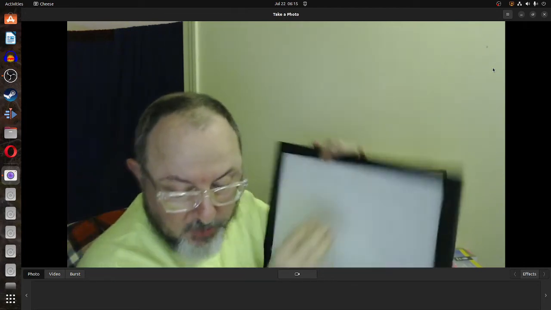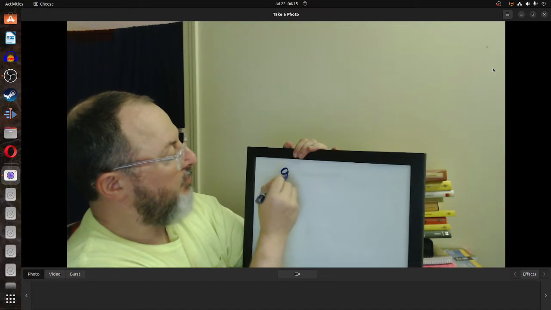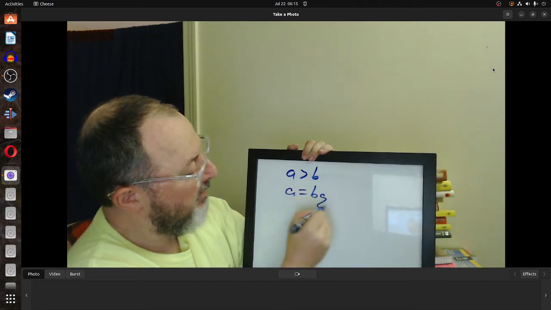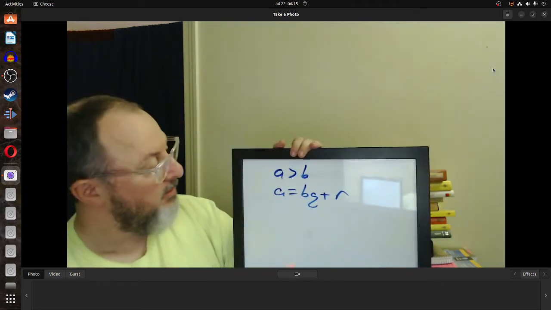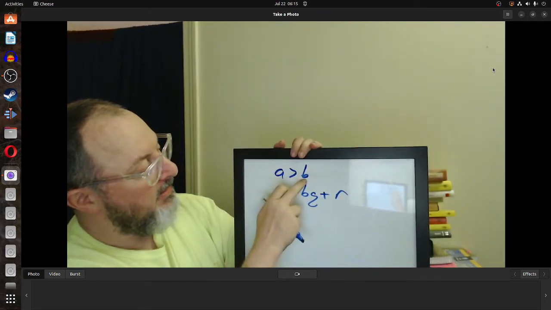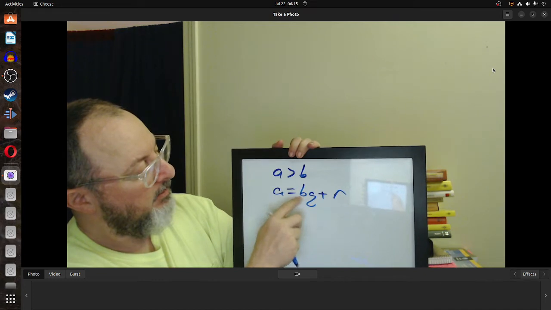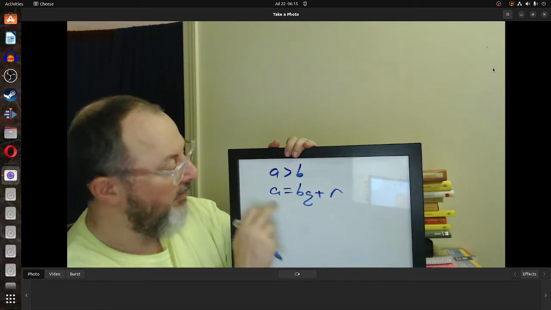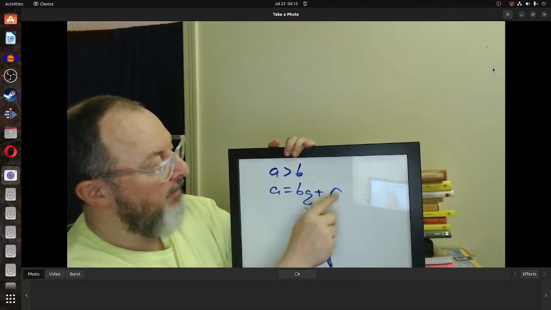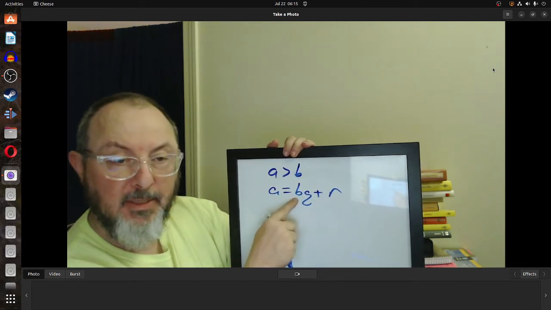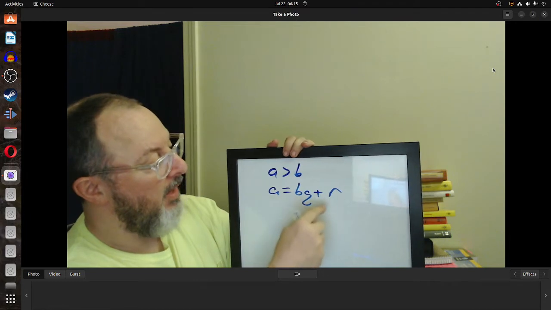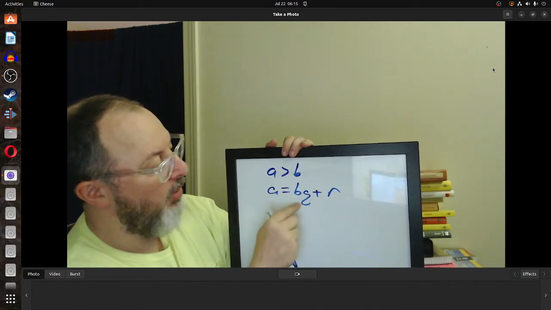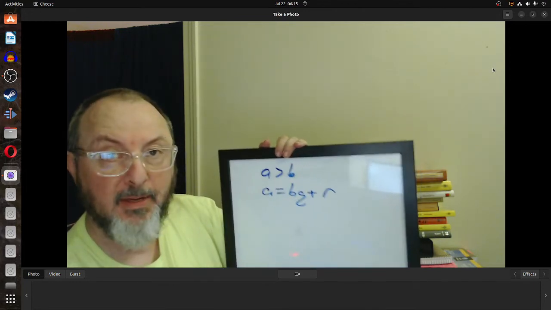The general way this works is, if A is greater than B, you write A equals BQ plus R. So if A is a bigger number than B, then you can do some multiple of B to get close to A, and then you add the remainder to that, and that would be A. And you know the remainder is smaller than B, because if it was bigger than B, then you could write it as B plus a number, and that could be moved over here, and then Q would just be a little bit bigger.